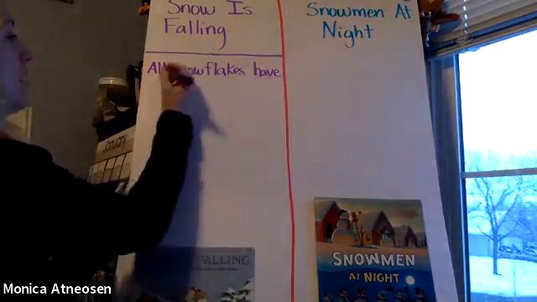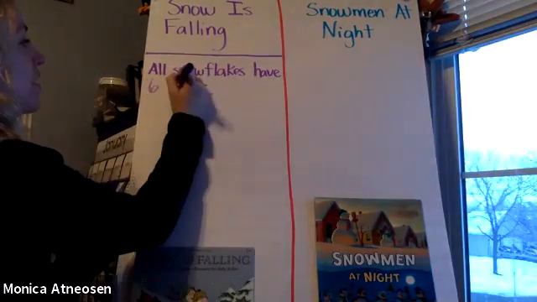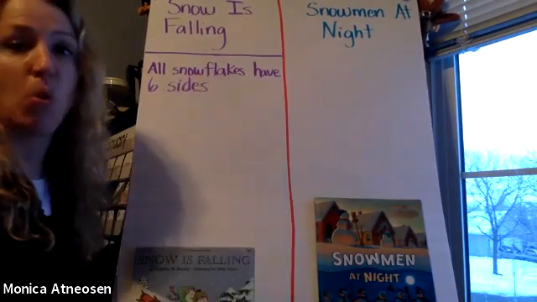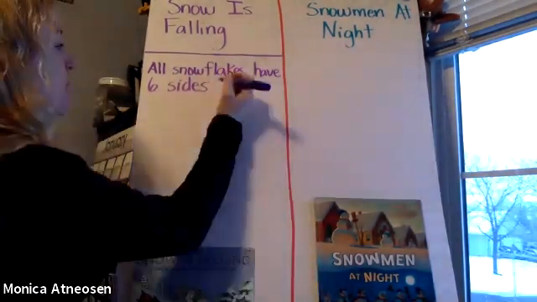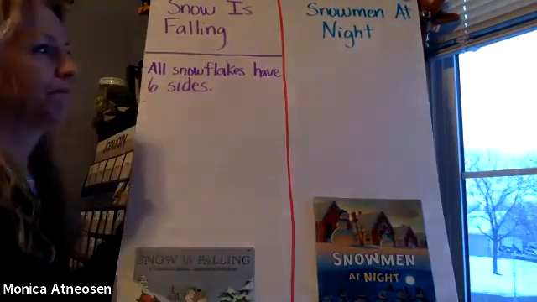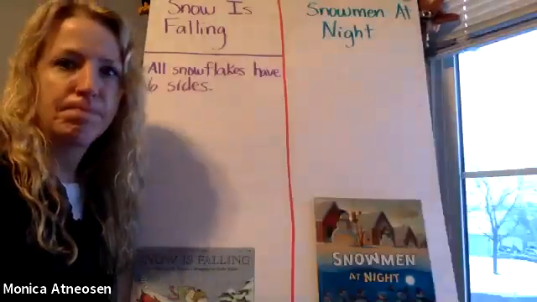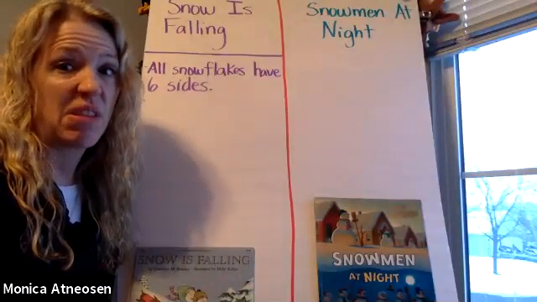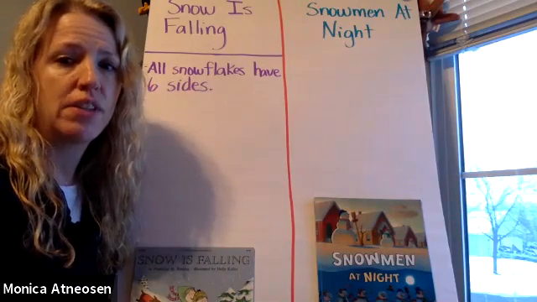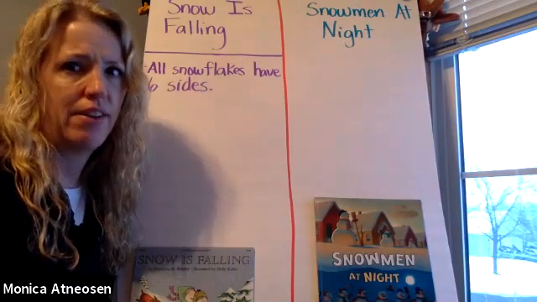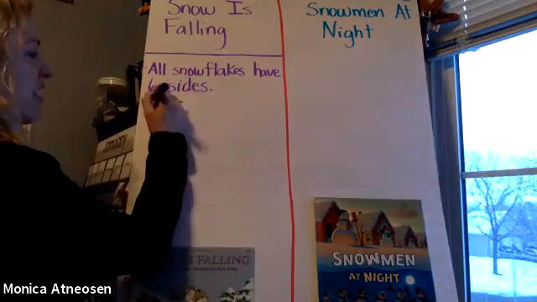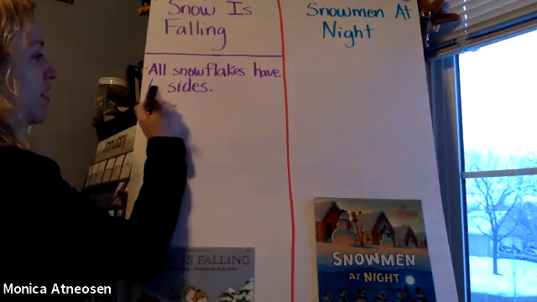Yeah, all snowflakes have 6 sides, or 6 points, really. What else did we learn? Snow can be good and snow can be bad. You remember ways that snow can be bad and dangerous? It can cause a blizzard.